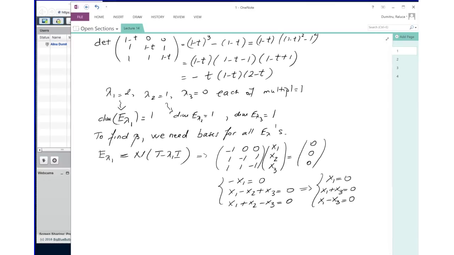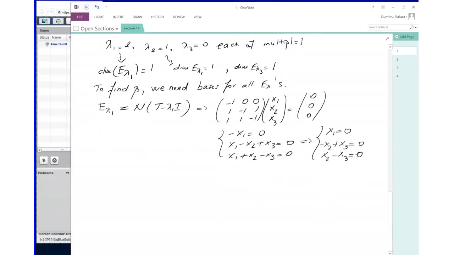Oh, I see what I did. Sorry. I replaced x2 by 0 in the second and third equation, while x1 was the one that was 0. See what I did here? x1 was the 0 one. So that means negative x2 plus x3 is 0, and x2 minus x3 is 0, which is the same equation. Okay, that was the problem.